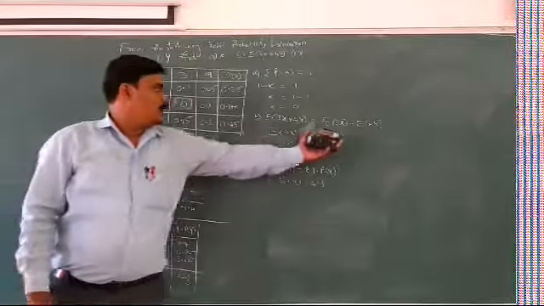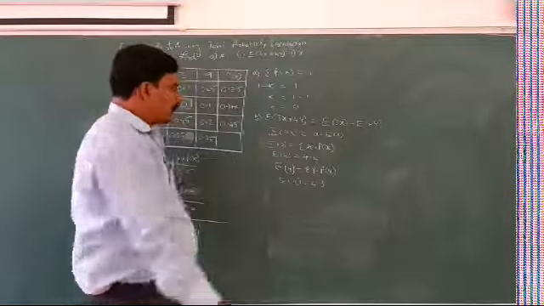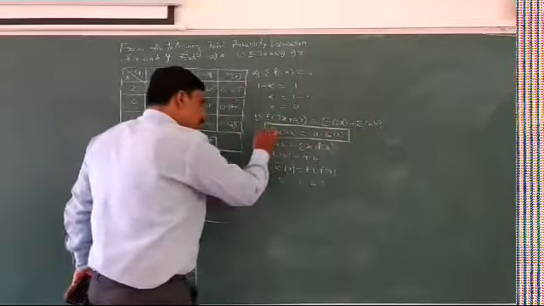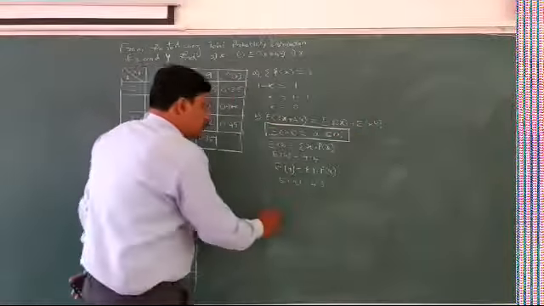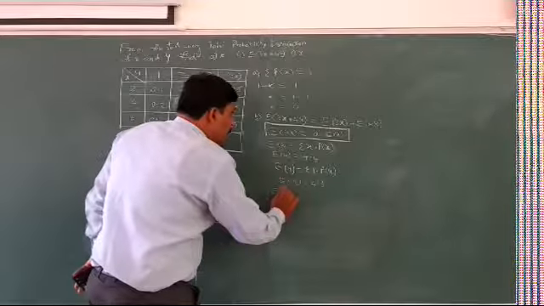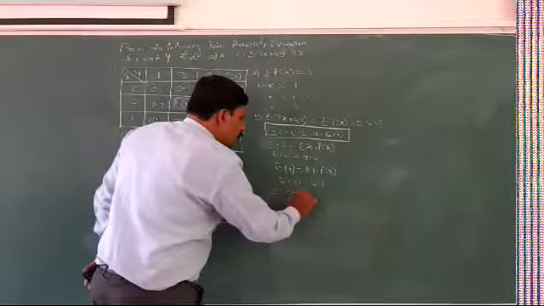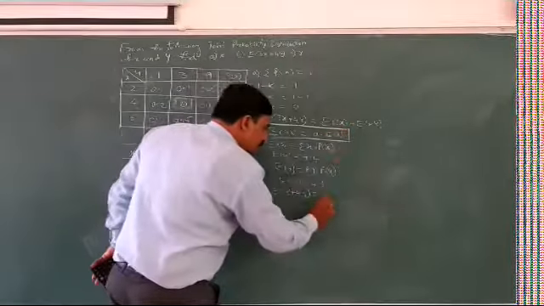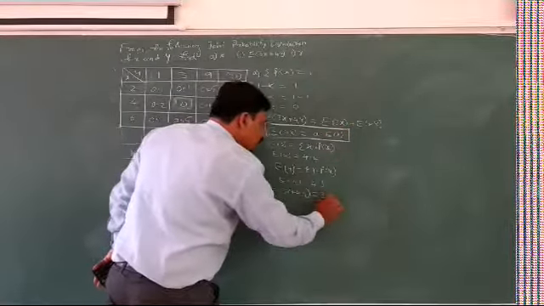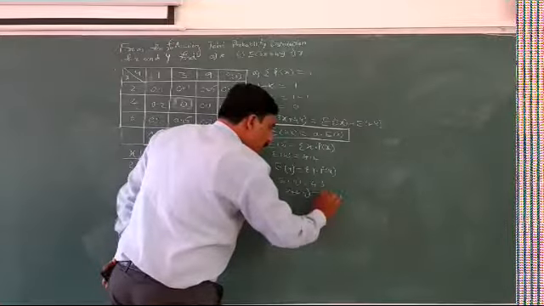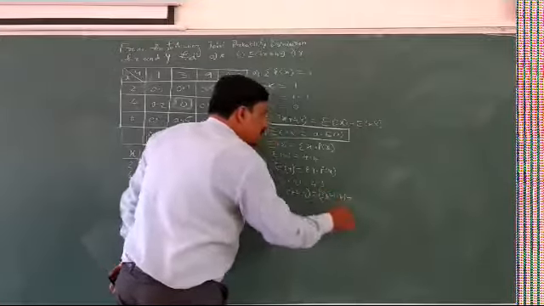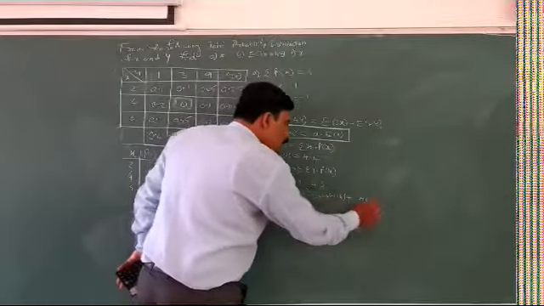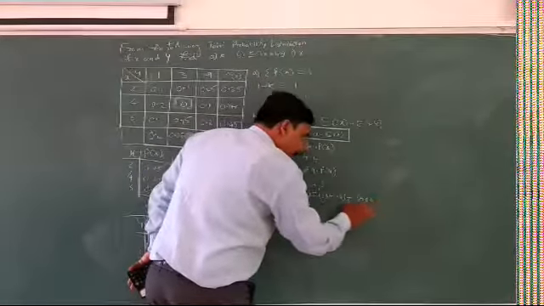Now fill the values in this equation. So E of 3x plus 4y is equal to E of 3x, that is 3 into E of x, that is 4.4, plus E of 4y, that is 4 into 4.3.